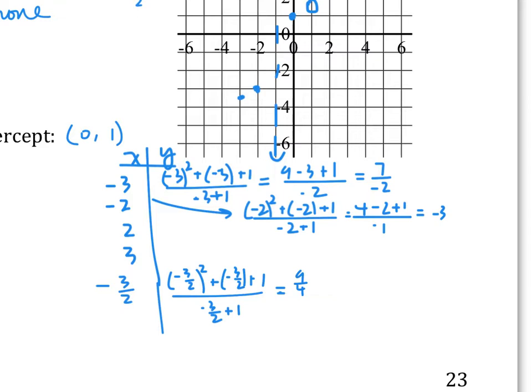9 over 4 minus 3 over 2 plus 1, over -3/2 plus 1. That's -1/2. We need a common denominator, so 2 over 2 here, 4 over 4 here.